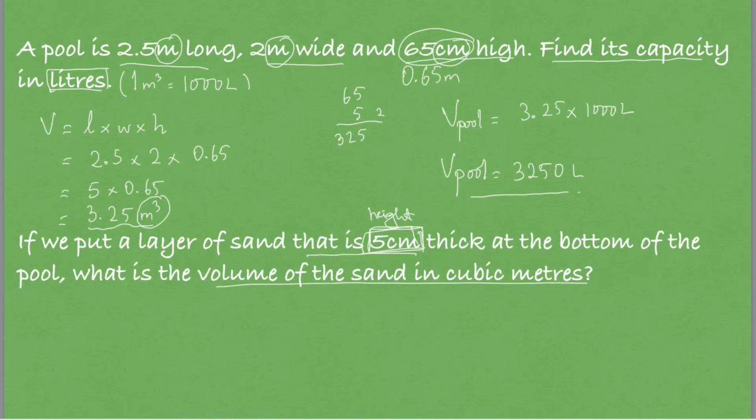If we convert it to meter, 5 centimeter is going to be 0.05 meter, and the volume equals length times width times height.